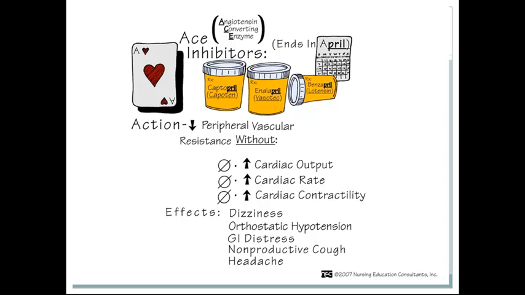Oftentimes patients on lisinopril will complain of this non-productive cough. It is important for patients to inform physicians about the non-productive cough, because even after this medication may be changed or stopped for some reason, the patient will continue with this non-productive cough. So it's very important for patients to report that.